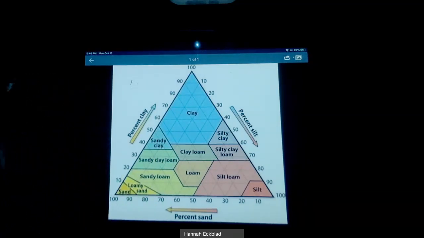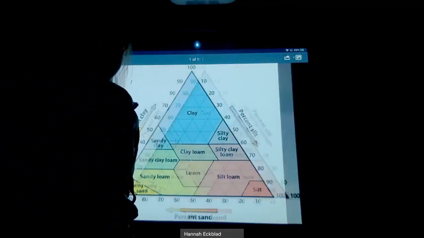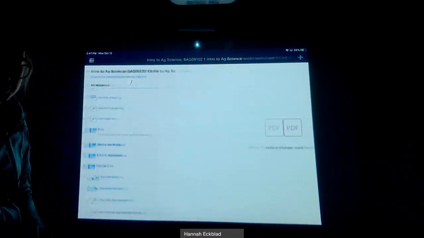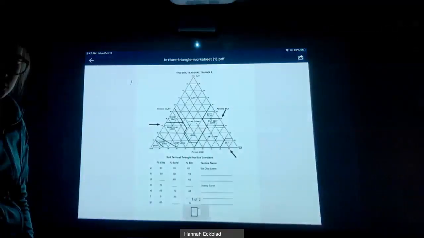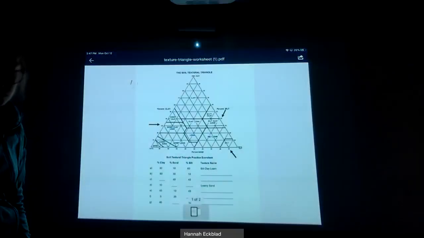Now, your assignment is essentially doing just that. You'll be given a variety of information. In the soil folder, there is a PDF called Texture Triangle Worksheet. And it gives you a soil triangle, and it gives you information. Like it might be all of the percentages.